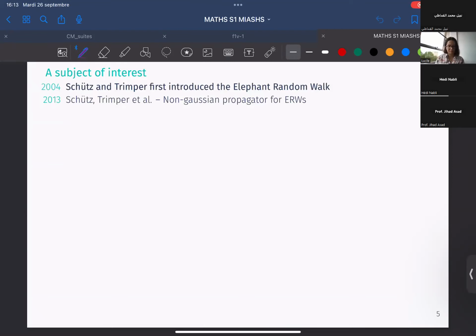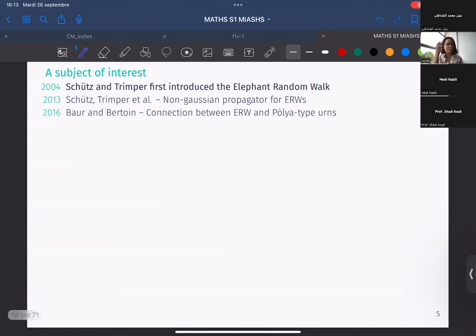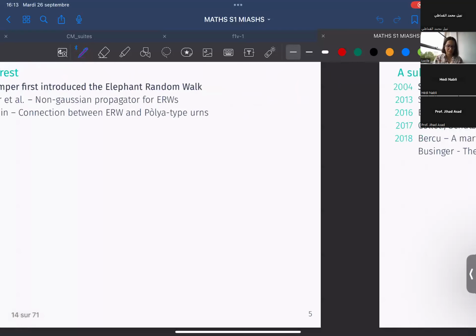So this is the first time that we saw that. Then Baur and Bertoin showed that there is a connection between the elephant random walk and Polya-type urns. This is what we are going to use next to prove our results today.